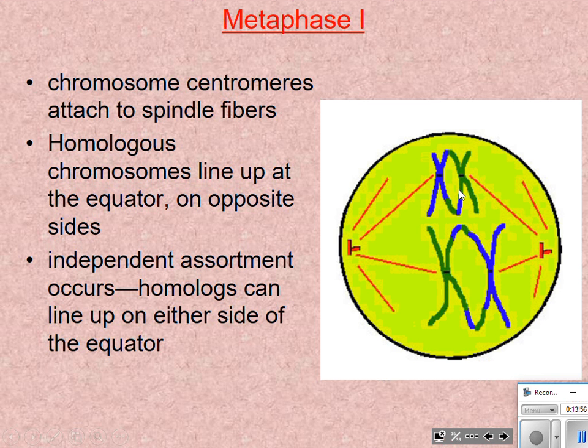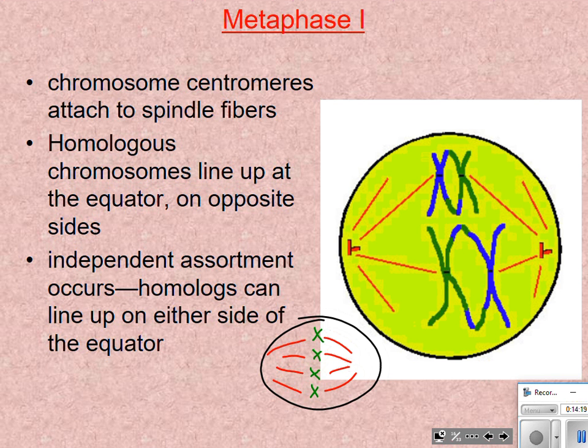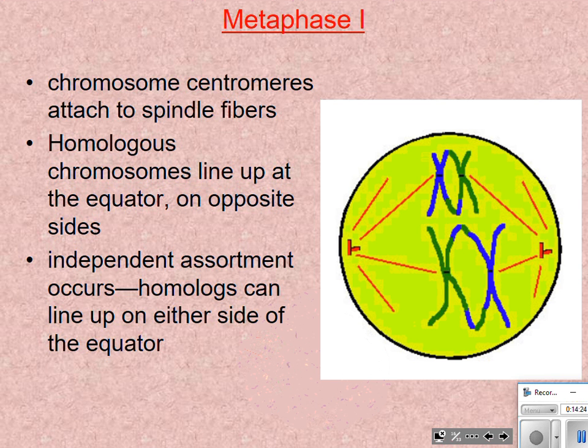If you would remember, and this is going to be just a generic drawing, when we had mitosis, we had those X's lined up as so, being attached with the spindle fibers, as so. Does that look like this? Is that the way it's happening there? No, that is one of the differences that is happening, that the homologous pairs, okay, the homologs are pairing up at the equator.